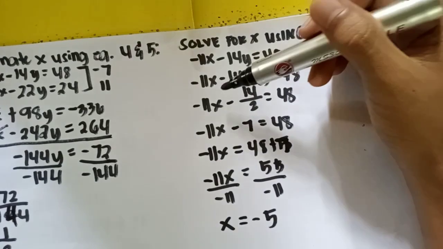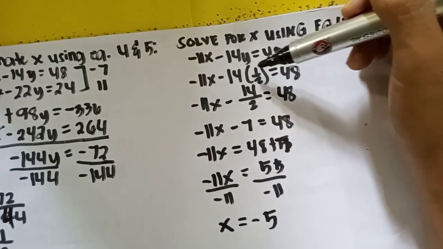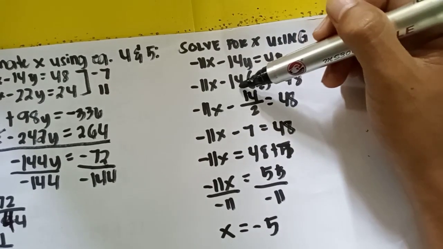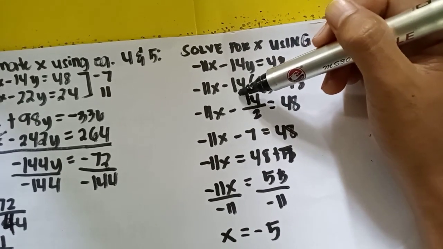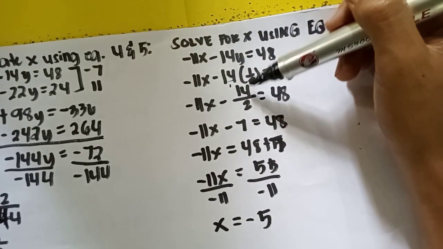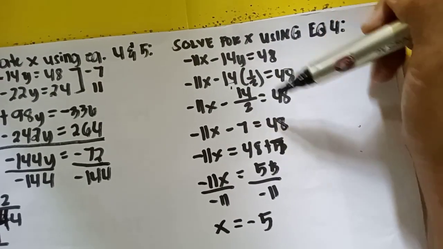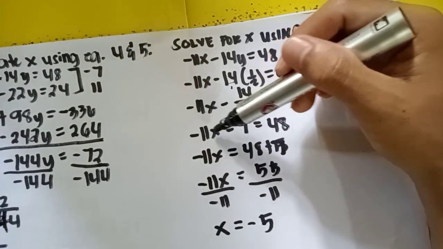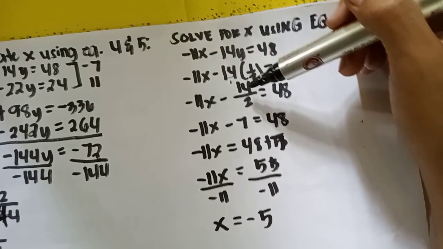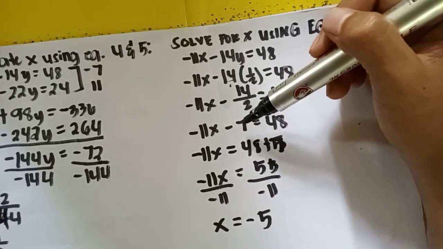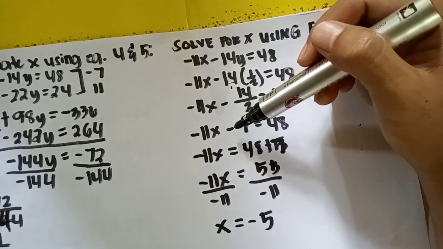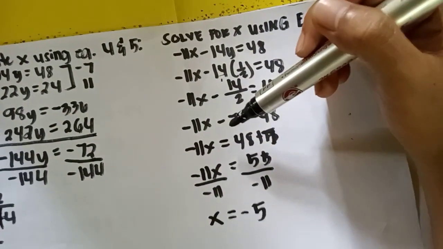Now 14 times 1/2, we will assume that it has a denominator, which is 1. So 14 times 1 is 14, then copy 2, equals 48. If we simplify 14 over 2, that will give us 7. So negative 11x minus 7 equals 48.